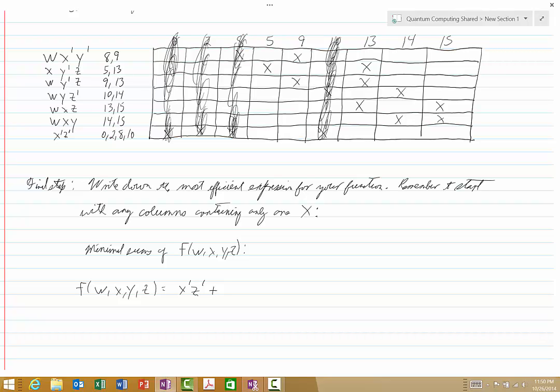So we have x y prime z. That's the 5-13 term. And by including that one down here in our sum, we're taking care of column 5, but also column 13.